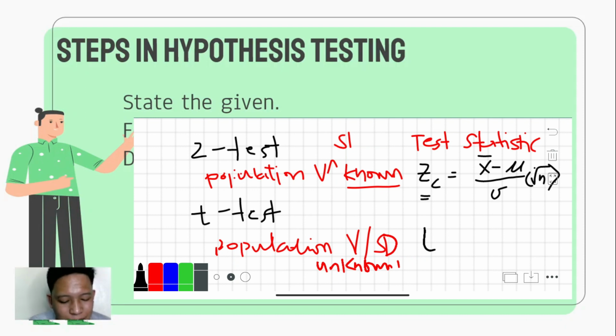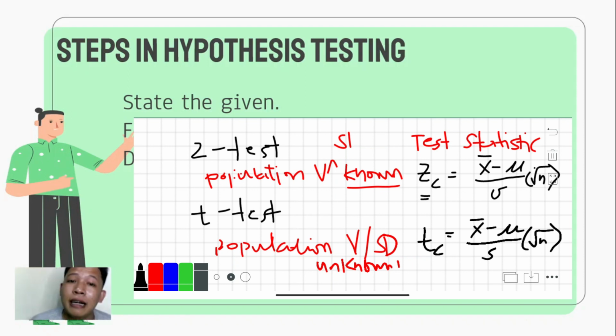So, si t-test, we have t sub c, ibig sabihin the computed t is equal to, of course, again, our sample mean minus our population mean over our sample standard deviation na ngayon ang gagamitin natin, multiplied by the square root of our sample size, or the square root of n.